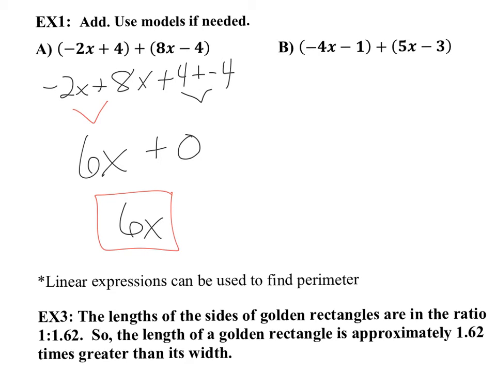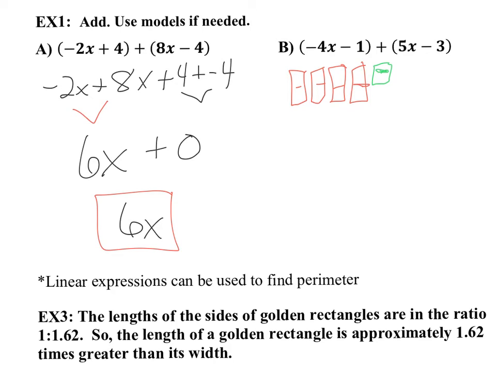Then in part B, I could do the algebra tiles this time. So if I have negative 4 of the constants, and then I have negative 1 of my coefficients, and now I have negative 1 of my constant here.